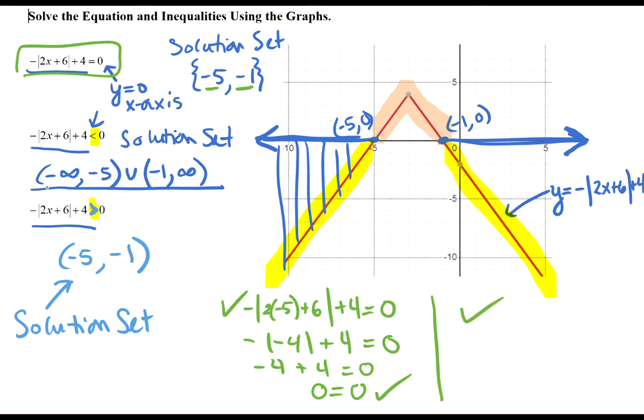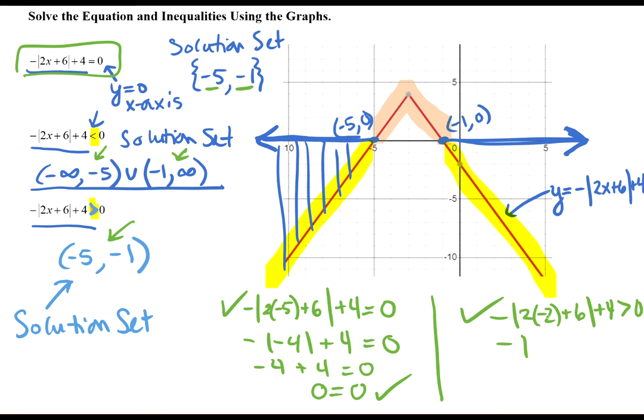And then checking the inequalities, we would check values inside of the sets. So with this one, you would check something in this region, like negative 6. Here you would check maybe 0. And then I'll just check one in this last set, for instance negative 2. The absolute value of 2 times negative 2 plus 6, close the absolute value, plus 4 is greater than 0.